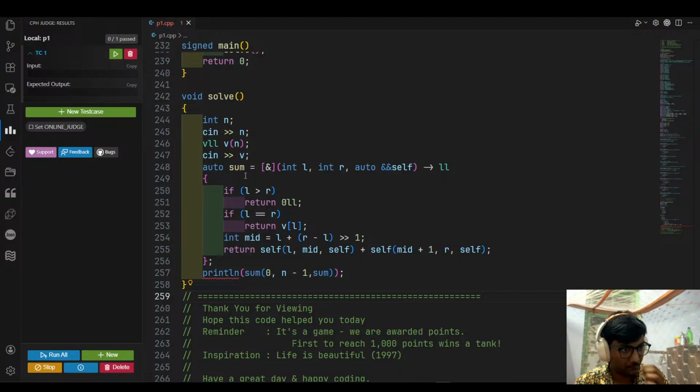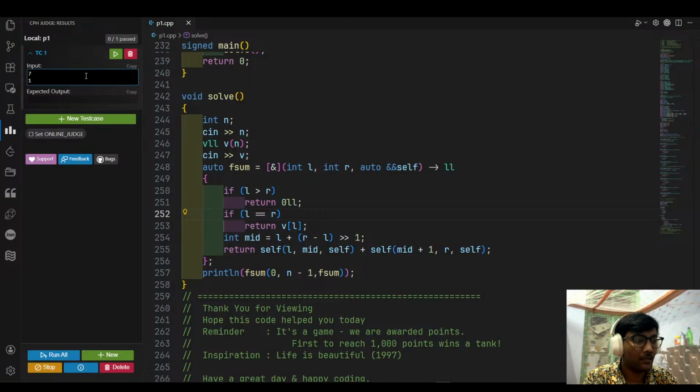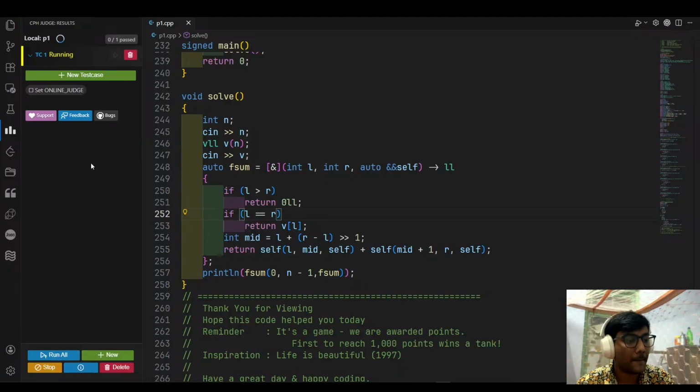So let's say a 7-size array: 1, 5, 6, 7, 2, 1, minus 6. It should work, I guess.